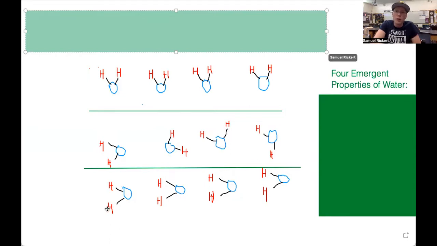Now, because of the electronegativities of oxygen and hydrogen, meaning oxygen is a much bigger, stronger element that has more protons than hydrogen, it's going to bully these hydrogens. Even though it's a covalent bond, meaning there's sharing going on, it's not a balanced share.